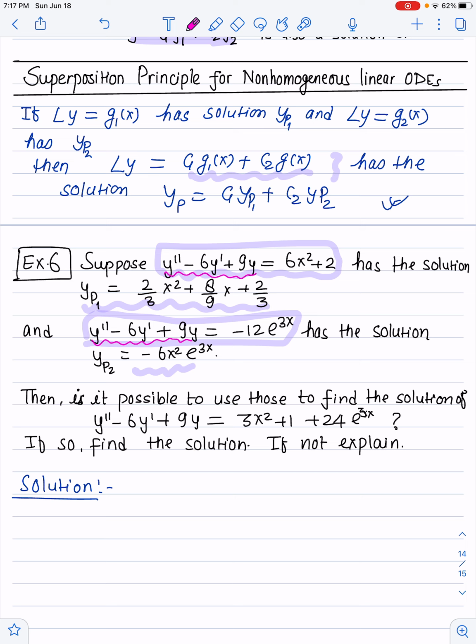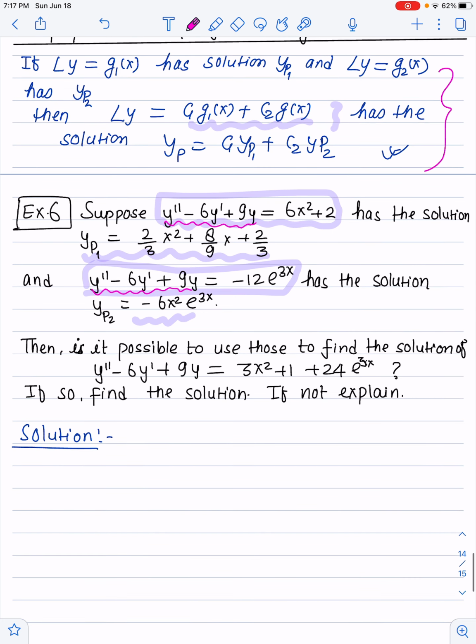So I can use the superposition principle to find the solution of this non-homogeneous differential equation. If we have these two solutions of these two equations, is it possible to use them to find the solution of this differential equation? If so, find the solution. If not, explain why.